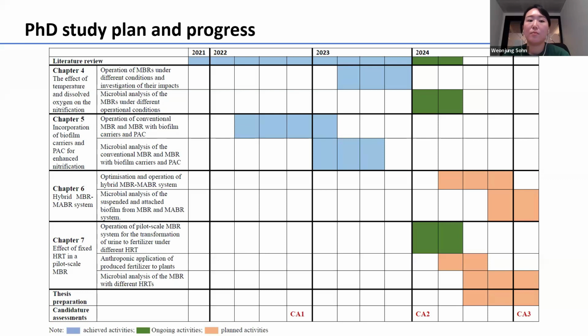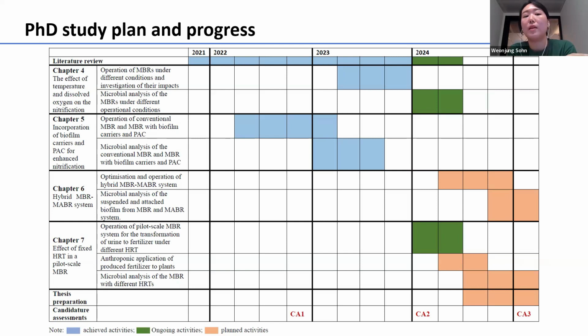Yes. Although I just started operating and have operated for around a month for the pilot system, I can feel it's different from the lab scale, and it's not easy to control everything. But we developed this compact system with our investors. So I'm still figuring out how to effectively control the pilot system.